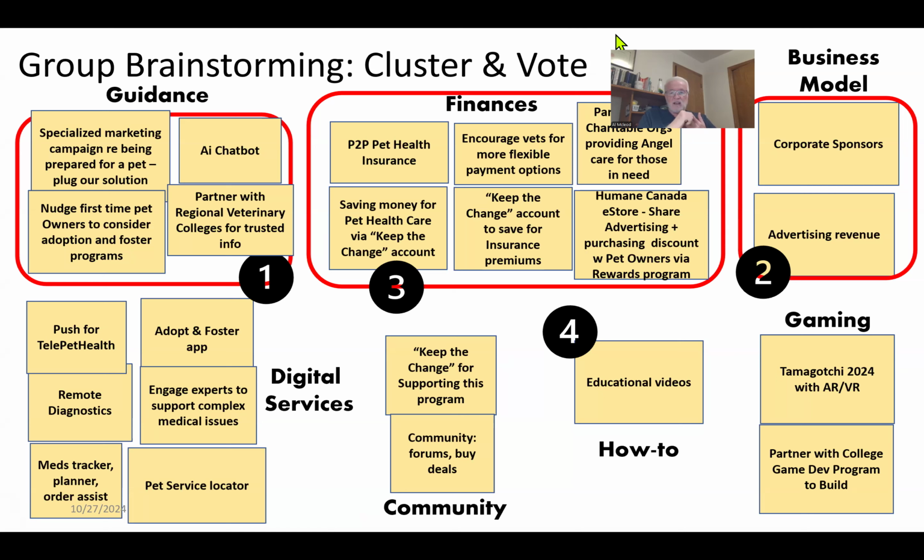For finances, P2P, peer-to-peer health services, saving money for pet health care, encourage vets for more flexible payment options, keep the change account for insurance premiums, partnering with charitable organizations to provide angel care for people who can't afford the health care for their pets, and then some kind of an e-store to share advertising and purchasing discount with pet owners via a rewards program. And of course, business model, things like corporate sponsors, advertising revenue, etc.